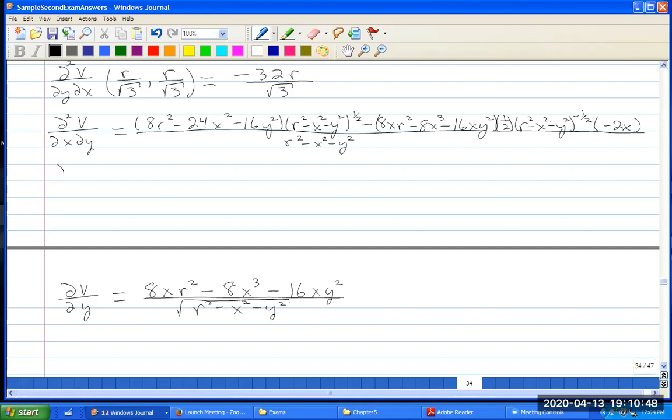Actually, it was better if I simplified it slightly before I did this. So this is equal to 8r squared minus 24x squared minus 16y squared. Multiplying and dividing by r squared minus x squared minus y squared to the 1/2.